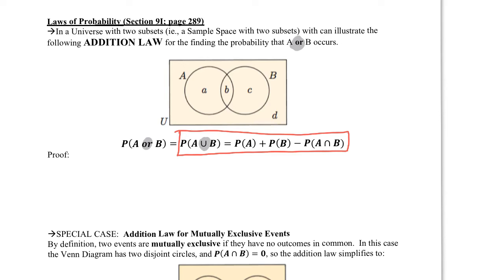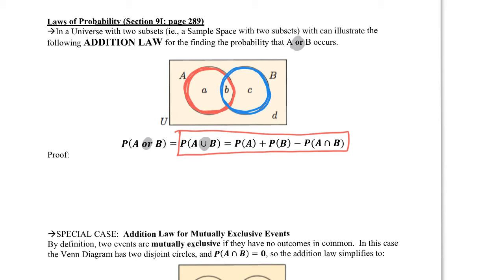B. So in order to understand this, let's take a look at the Venn diagram where I'm circling event A. And then I want the probability that either A or B occur. If I circle event B, you'll notice that with the blue circle and the red circle that I just made, we counted the lowercase b twice.